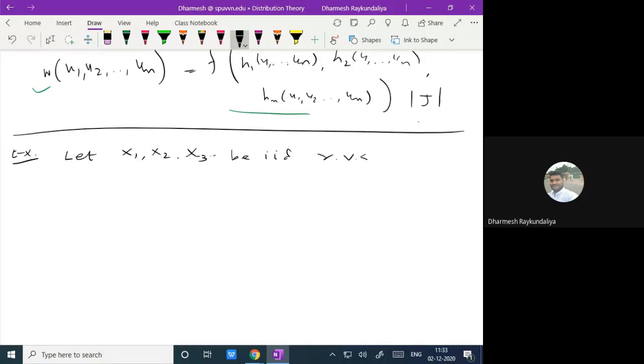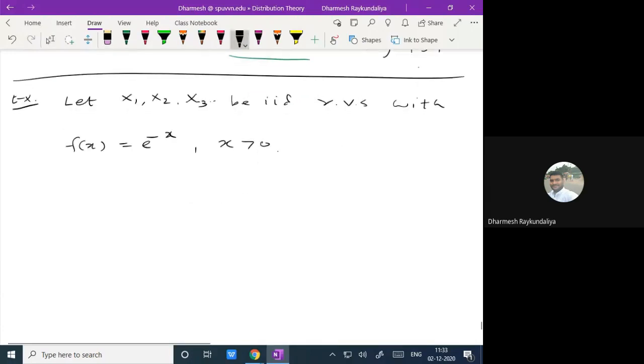Random variables with f(x) equal to e raised to minus x. That means what is the distribution of x1? It is e raised to minus x1. What is the distribution of x2? It is e raised to minus x2. And similarly, x3 has the density e raised to minus x3. And all x1, x2, x3 are independent. So this is a standard exponential.